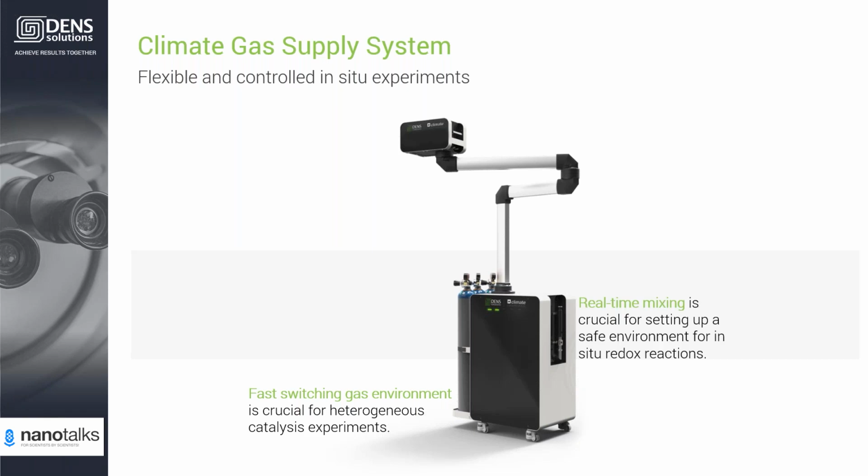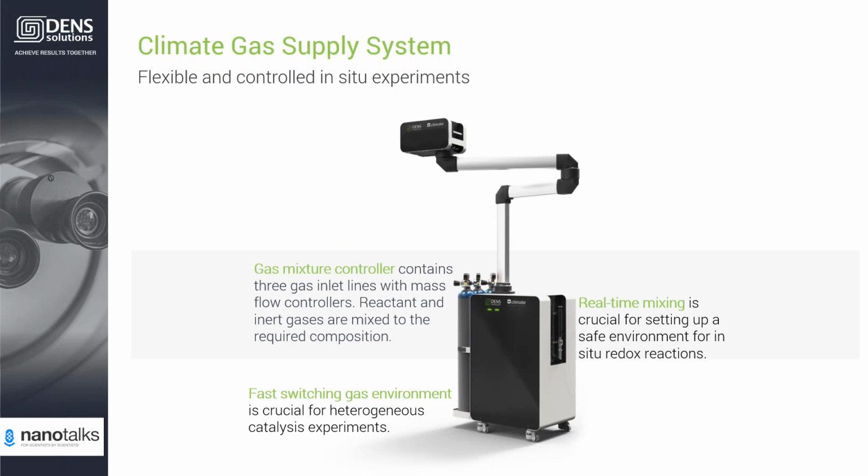It's using real-time mixing with a low volume mixing valve. So any changes in gas ratio will in a couple of seconds also show up in the nanoreactor. Then we'll in her part of the presentation give you some more examples of that.